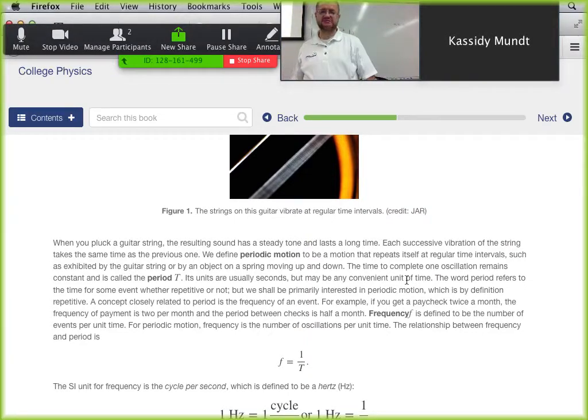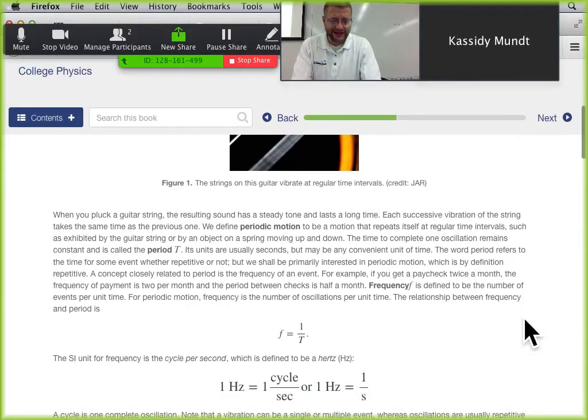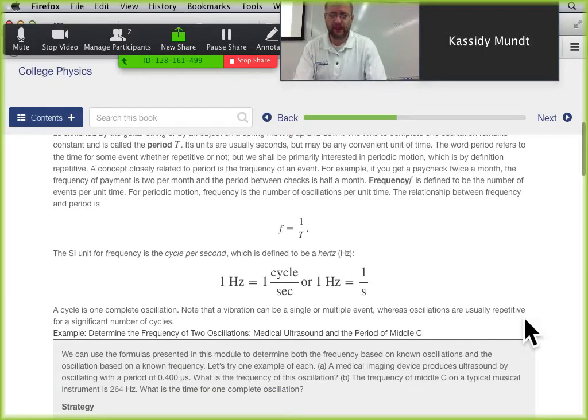Frequency is measured in cycles per second, and it has units of 1 over time, or 1 over seconds. We give that a name. It's called the hertz, named after a scientist who figured that out. So 1 hertz is 1 cycle per second, or 1 over seconds.